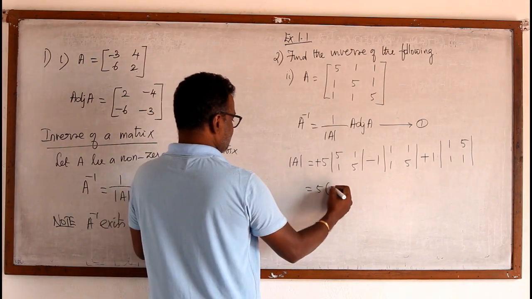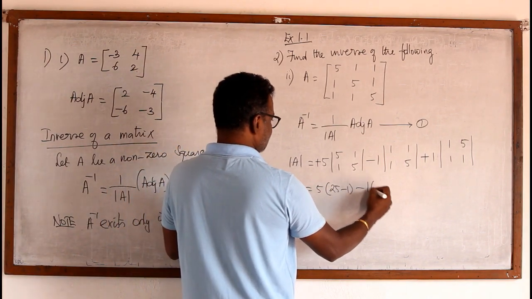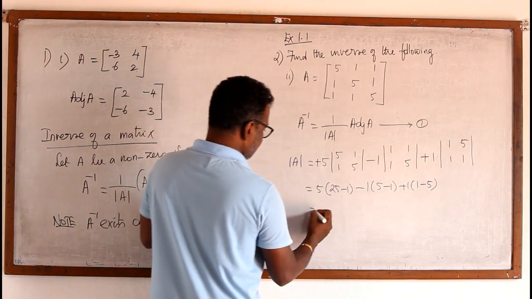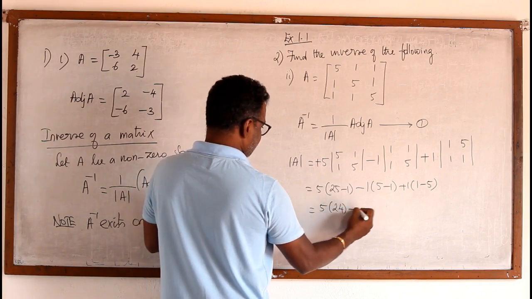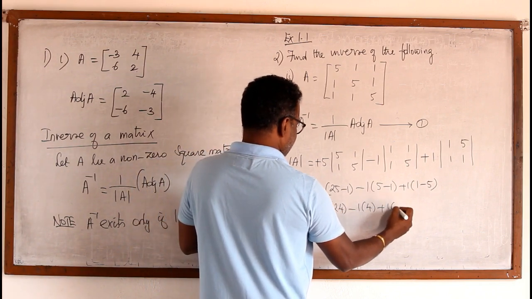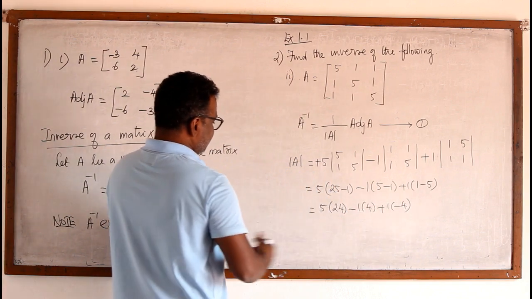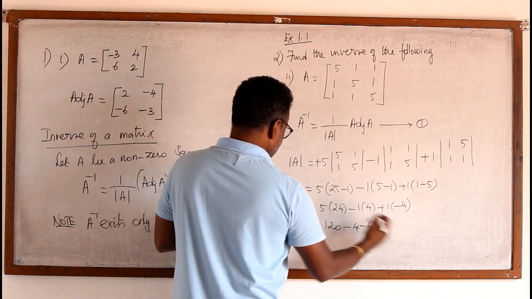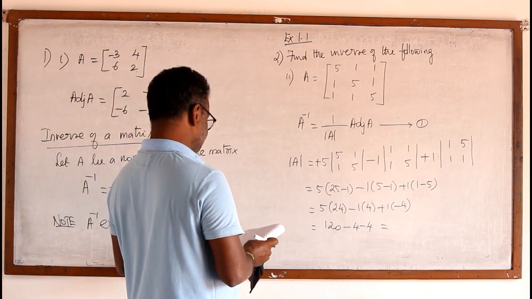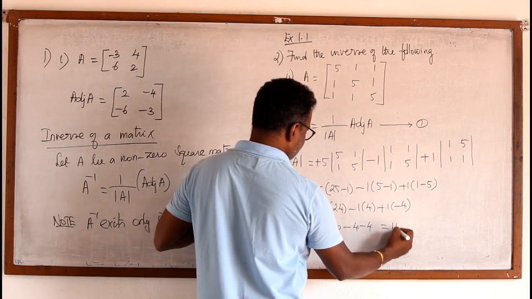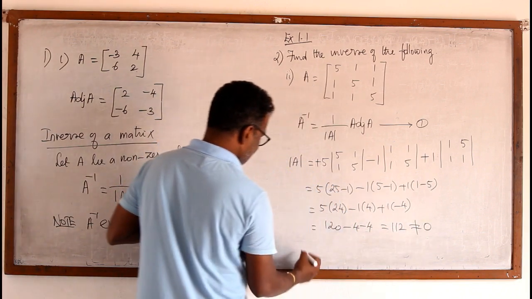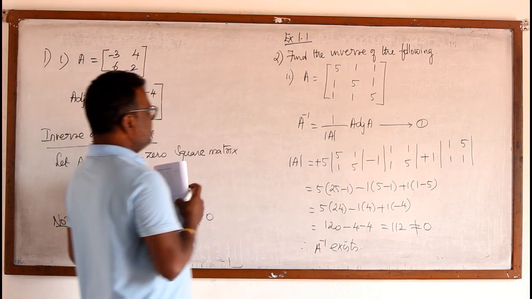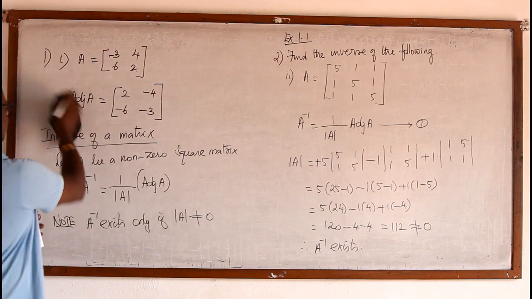So 5 into 25 minus 1, minus 1 into 5 minus 1, plus 1 into 1 minus 5. 5 into 24 minus 1 into 4, plus 1 into minus 4. 5 24s are 120, minus 4 minus 4. 120 minus 8 is 112, which is not equal to 0. Therefore, A inverse exists.